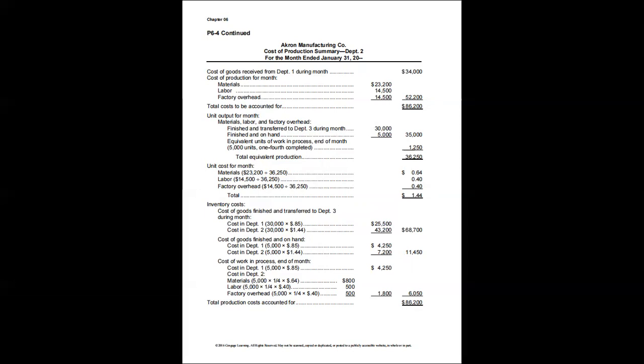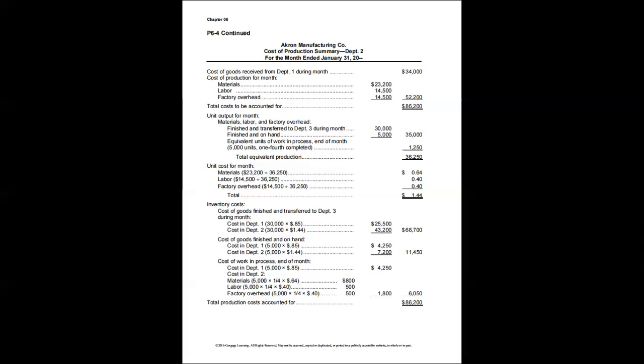And finally, we have the cost of the work in process. At the end of the month, we have the cost in Department 1 of the in-process inventory at 0.85. Then the cost in Department 2, materials 5,000 units times 1/4. Take note that in Department 2, all the materials are put evenly into production, just like your labor and factory overhead.